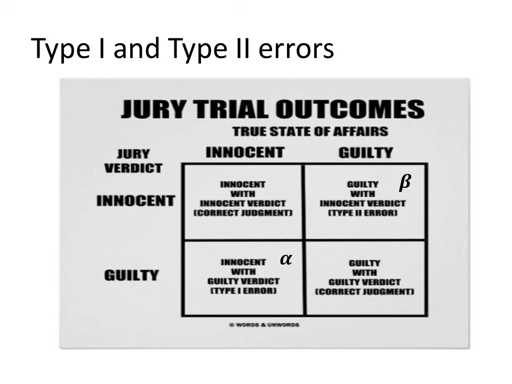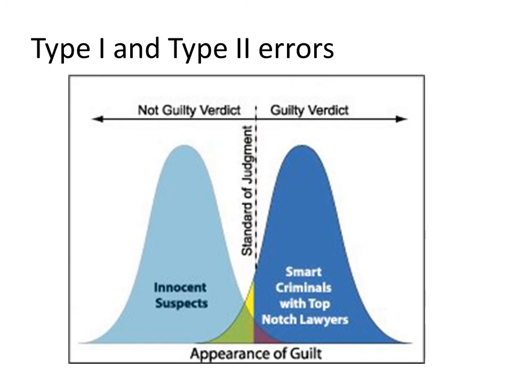Now, if you were in another society that did not want anyone who was guilty to ever be found innocent, that is, if you were trying to minimize the beta value, then you would probably end up maximizing or making the alpha value very big. In other words, you'd probably find a lot of innocent people guilty. This is the interesting give and take between the type 1 and 2 errors.